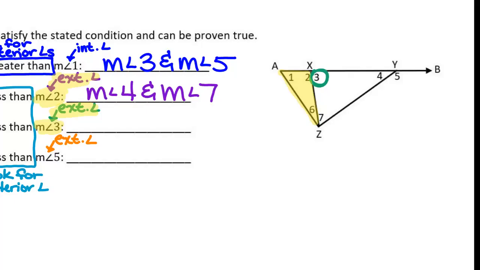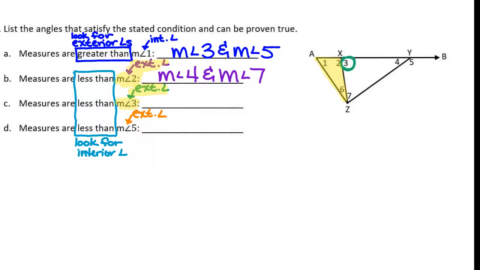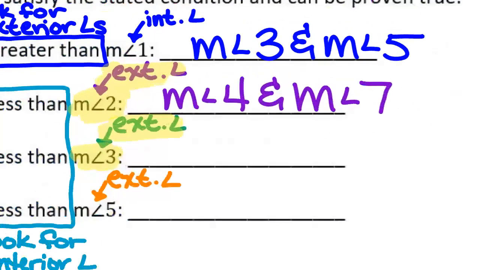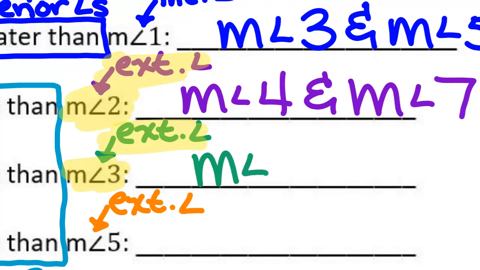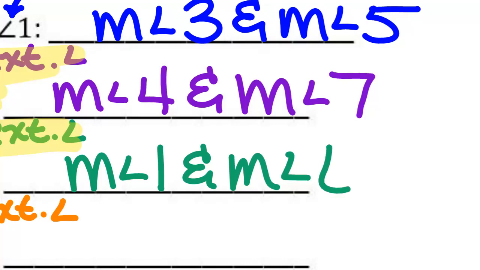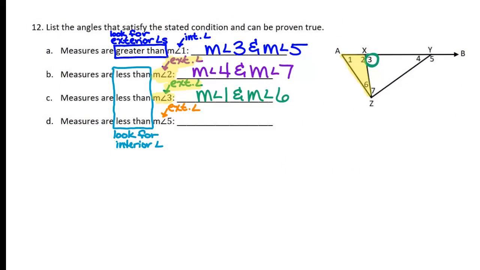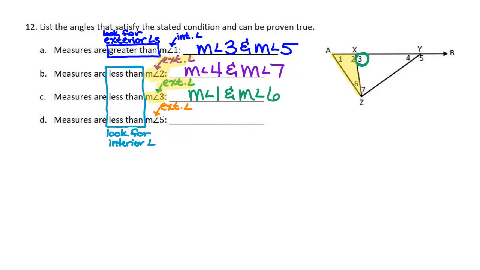And so what would the remote interior angles be that correspond to my exterior angle of 3? 1 and which one? 1 and 6, yes. Measure of angle 1 and the measure of angle 6. Can't do angle 2 because it touches my exterior angle. That's a linear pair. That's not a remote interior if it's a linear pair.